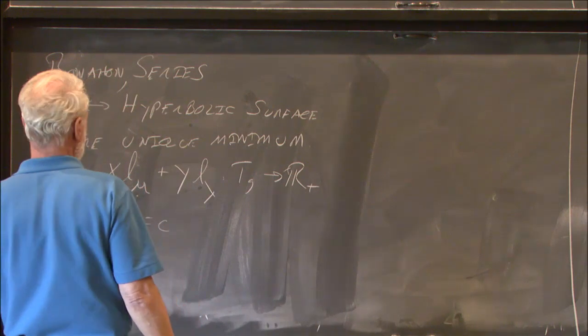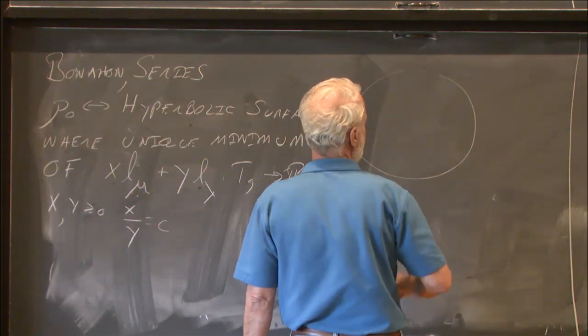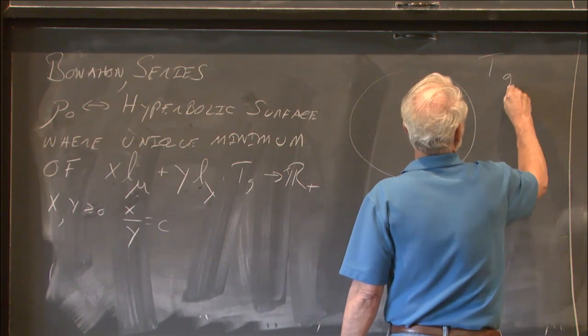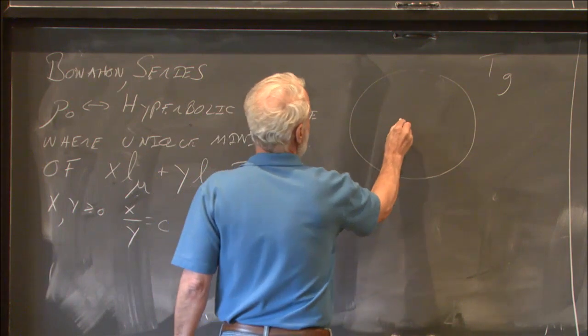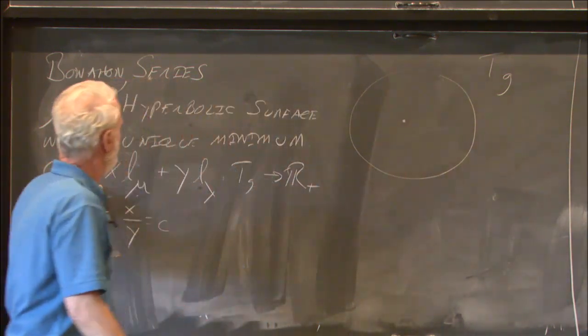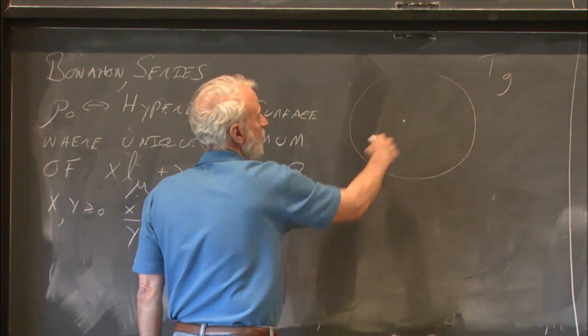So in particular, I have this big, I'm just going to draw it as a disk, but a big Teichmuller space here. And what it says is that on here, there's a single point that we come down to as we flatten out in this way that it collapses to here.